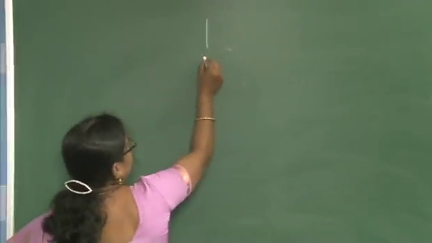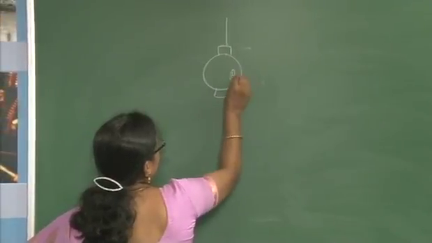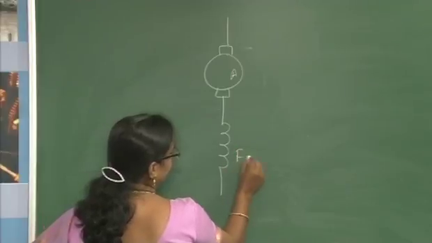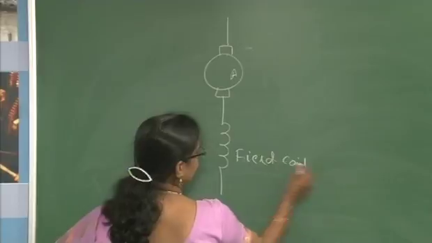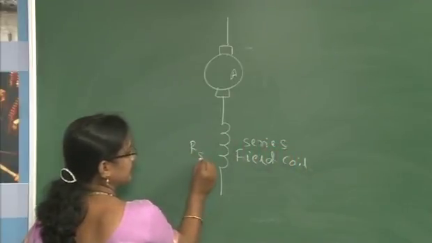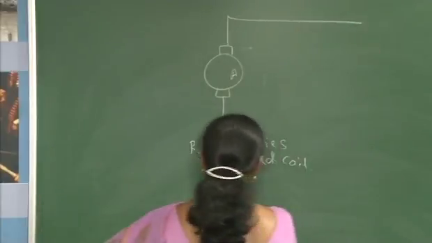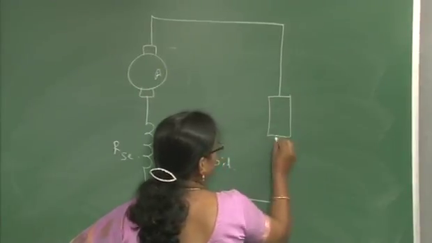So, here the armature A is connected in series with the field coil. This is called the series field coil. The resistance of this you are going to represent as RSE, and then this series combination you are going to connect across the load.